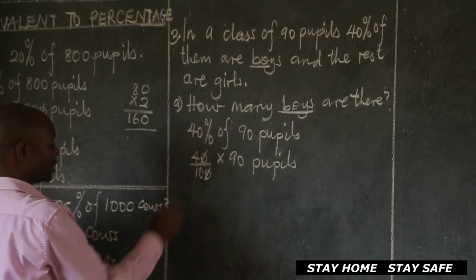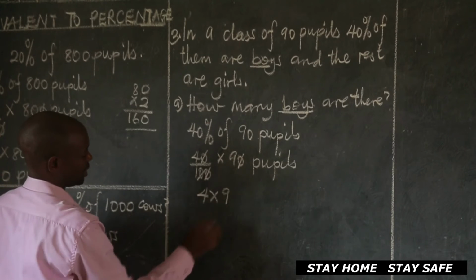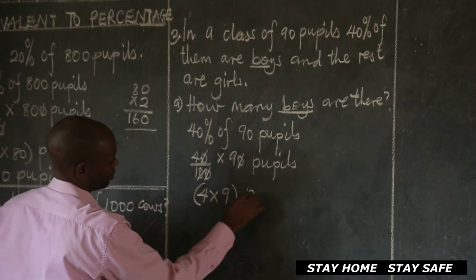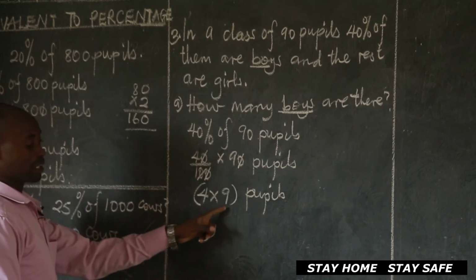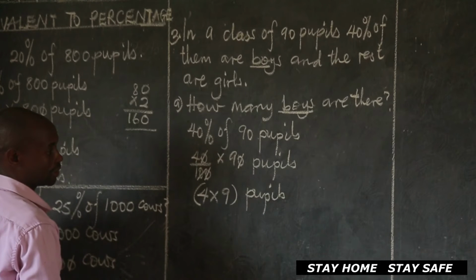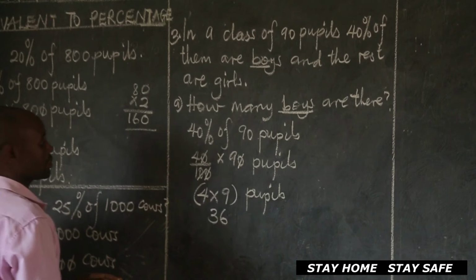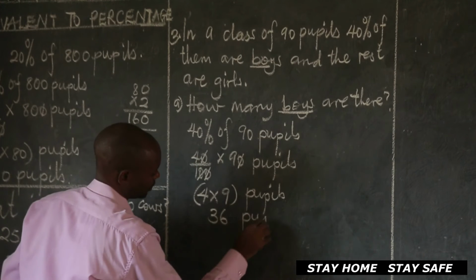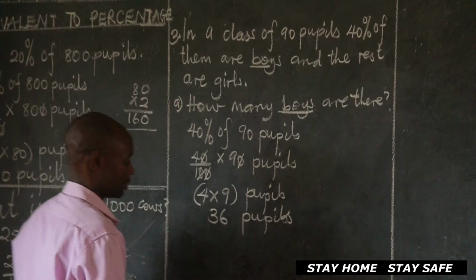This one will go with this one with that, then we shall have 4 times 9 pupils. Okay, table 4 or table 9. 4 times 9, what do we get? Yes, somebody is telling me 36. So the answer becomes 36 pupils.